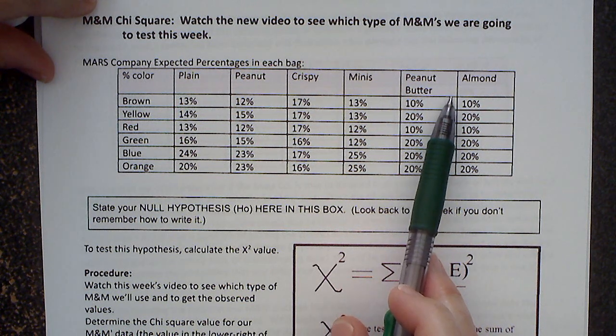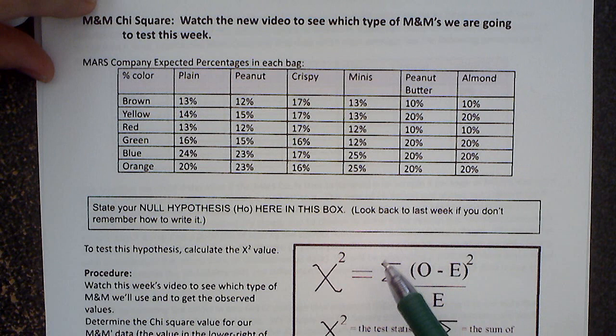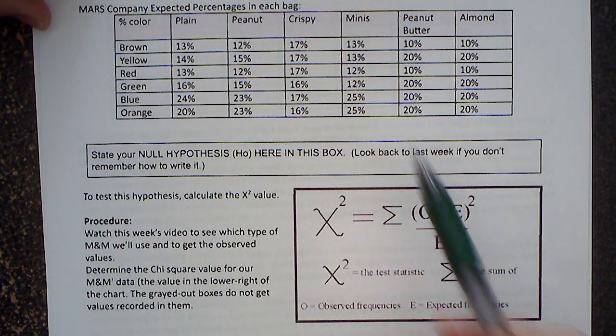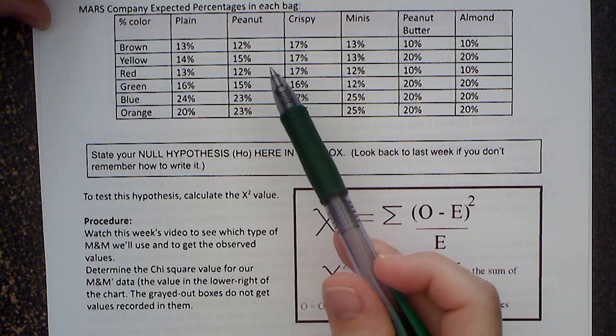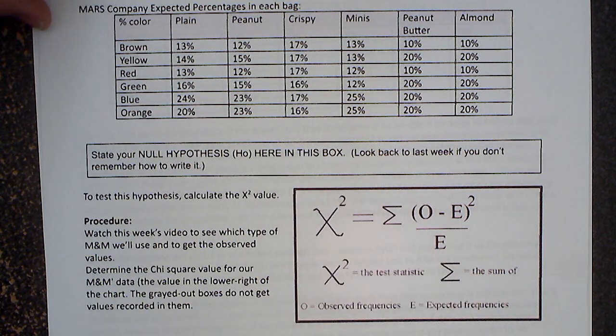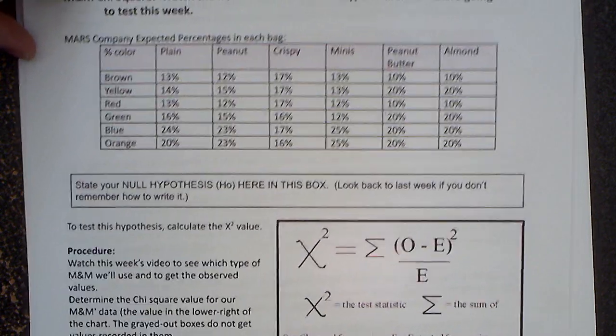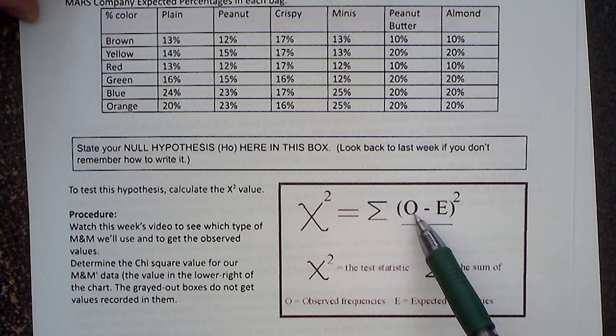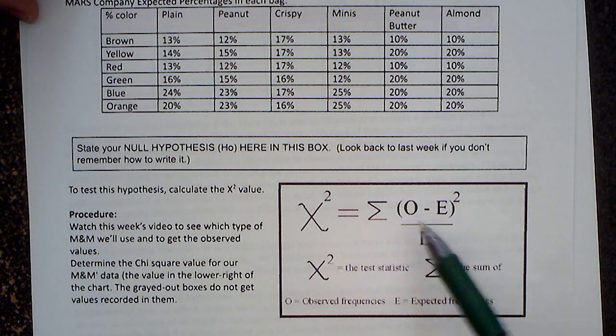So, like I said, in some cases, for their expected values, they might just divide everything equally for all the colors, like expecting the same amount of brown, yellow, red, green, blue, and orange, but that's not the way the Mars company does it. So we got this to help us get our expected values. Out of the bag we did last week, there were 356 M&Ms in that bag. To get our observed values, we actually counted them up, or at least I did.